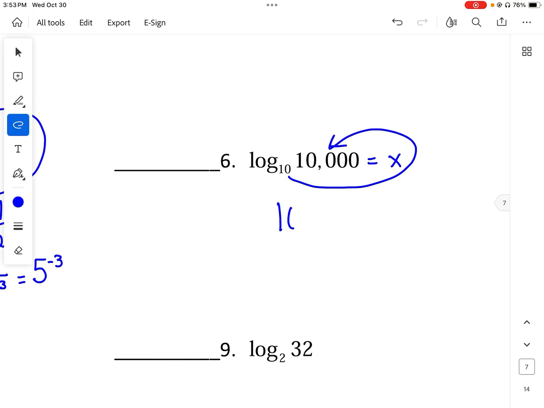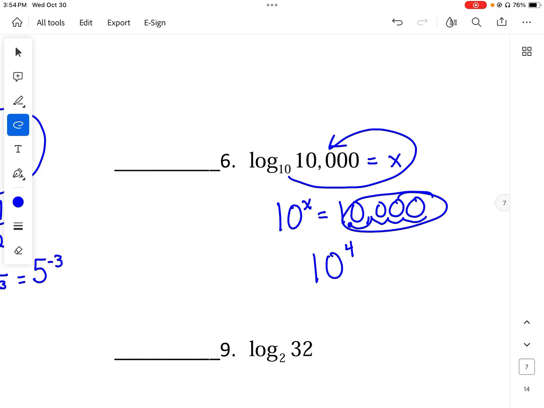So 10 raised to the x equals 10,000. That's 1, 2, 3, 4 zeros. 10 raised to the 4th power. So we have 4 as our answer.